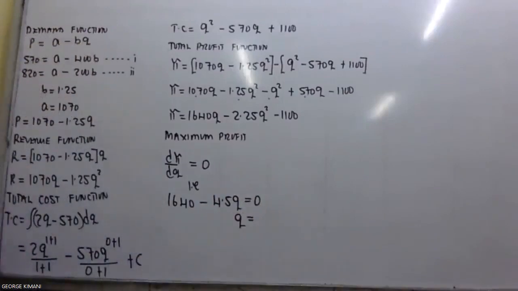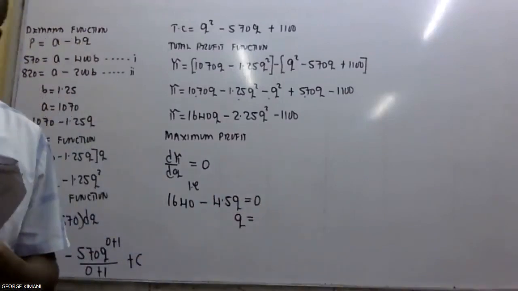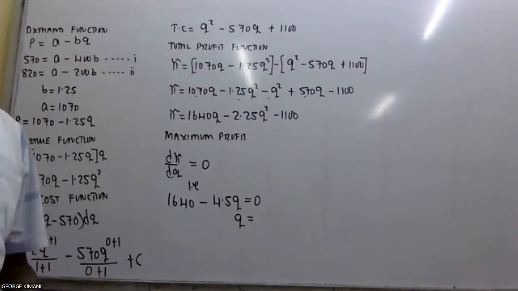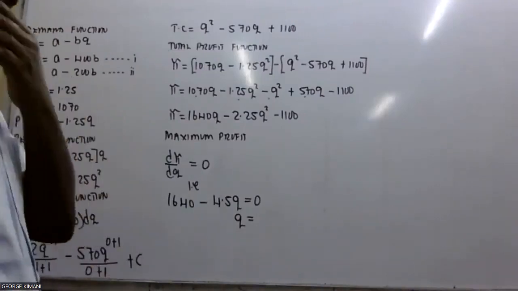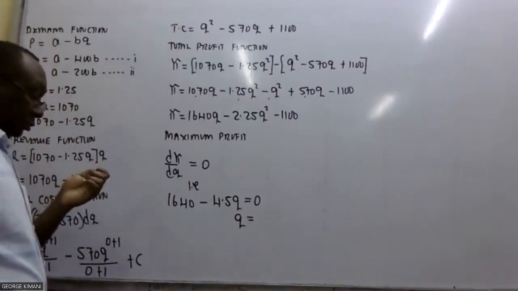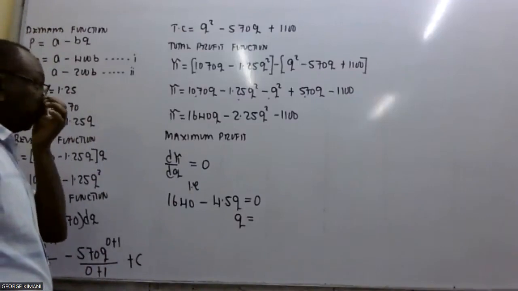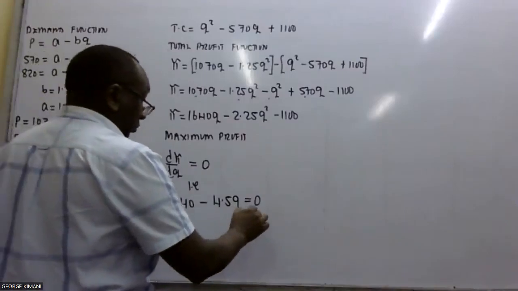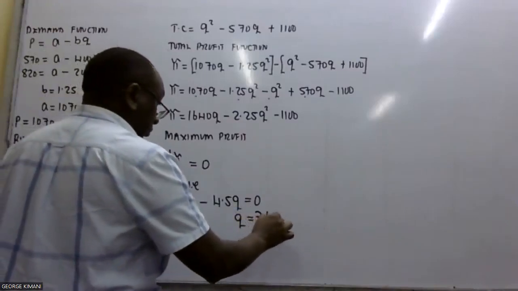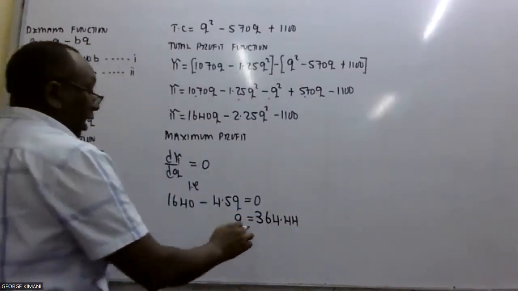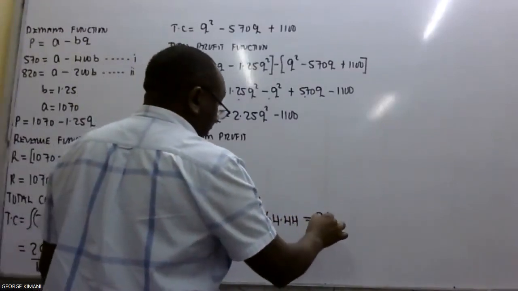So Q will be what? 364.44, so we can make it 365 units.